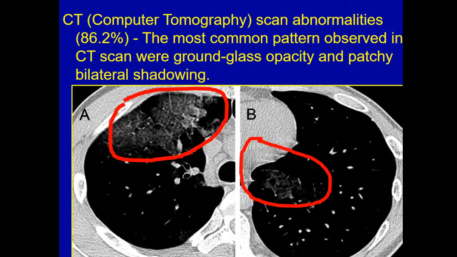What laboratory findings may be helpful in diagnosis of COVID? Of course, you know that first is computer tomography scan. And you can see here the abnormalities. This type of abnormalities occurs in 86.2% of cases.